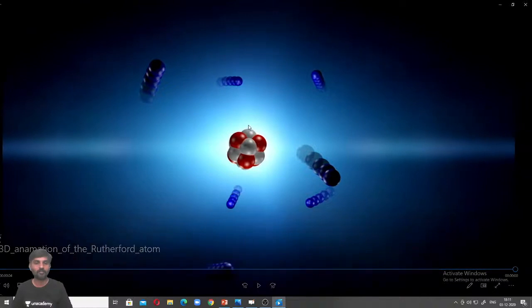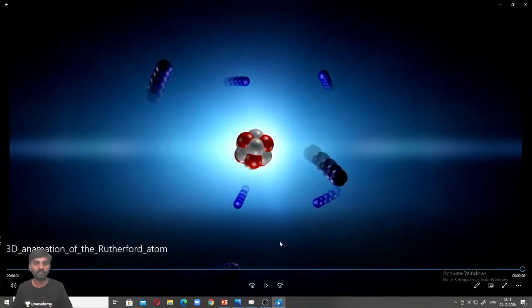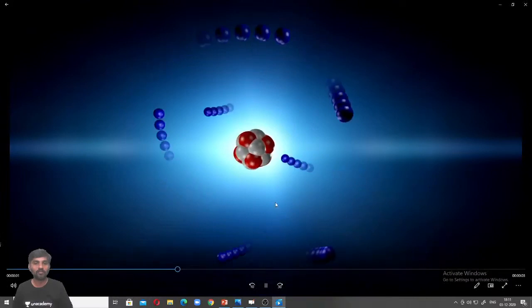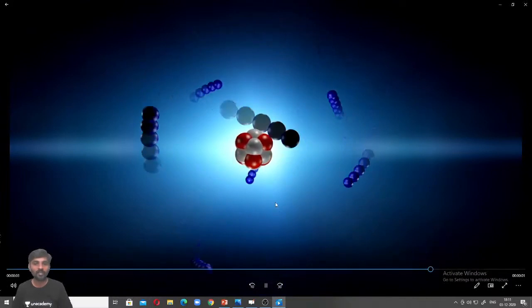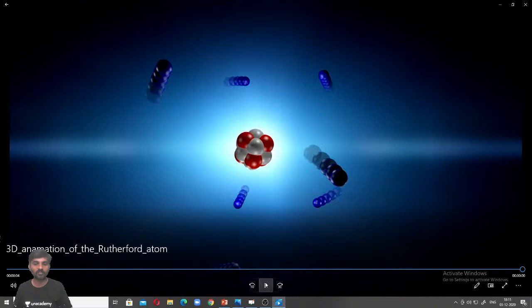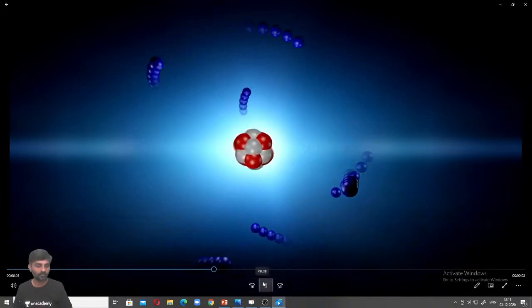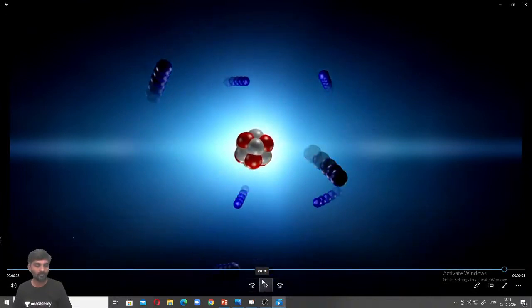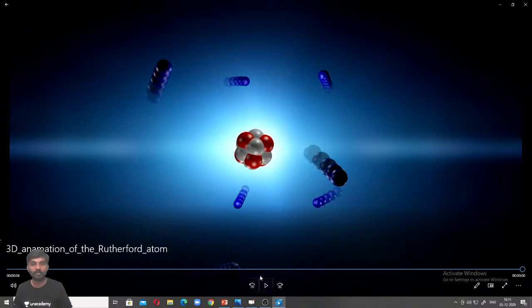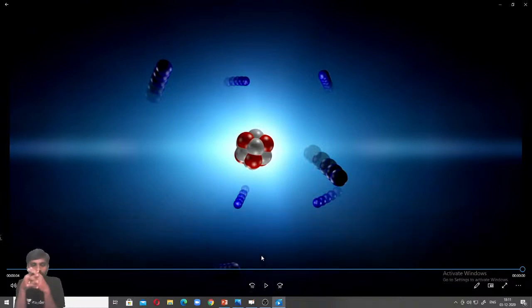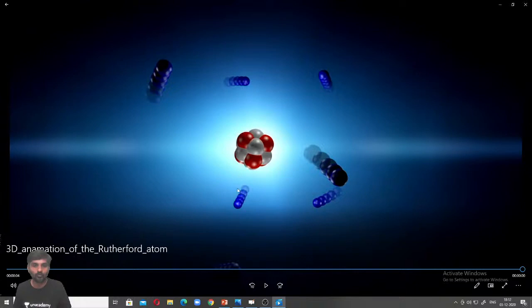So assume that these red and white balls are the nucleus part, the center part, protons and neutrons, and these blue balls are like electrons which are trying to revolve around the nucleus.